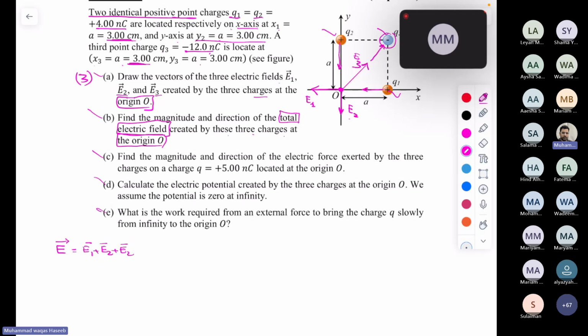This is a very powerful statement. If you are calculating the electric field from a bunch of charges, you calculate the electric field of the first charge, then of the second charge, and then of the third charge to calculate the total electric field.